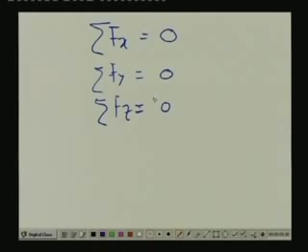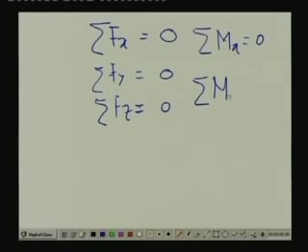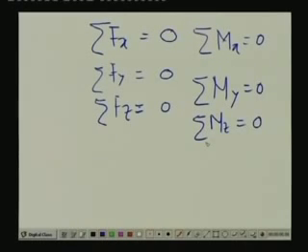Also, the moment of all the forces taken about x, y or z axis or parallel to them should be equal to 0, or in effect we can say that summation of moment about x axis is 0, summation of moment about y axis is 0, summation of moment about z or parallel to z axis is 0.